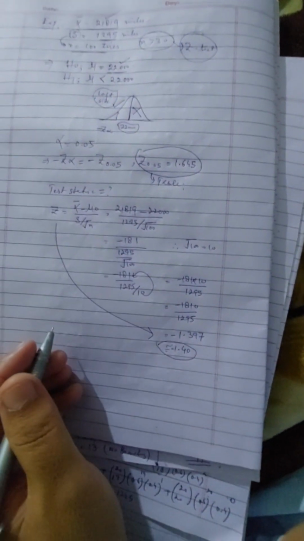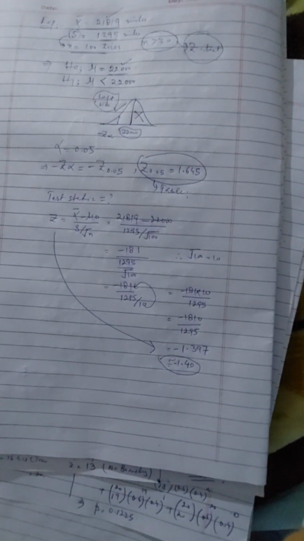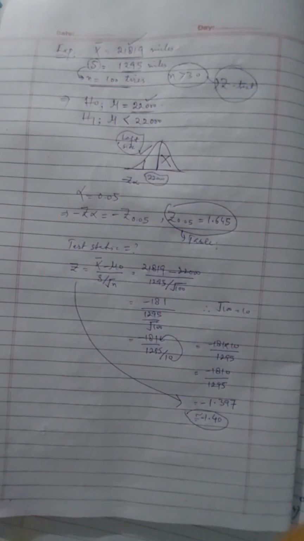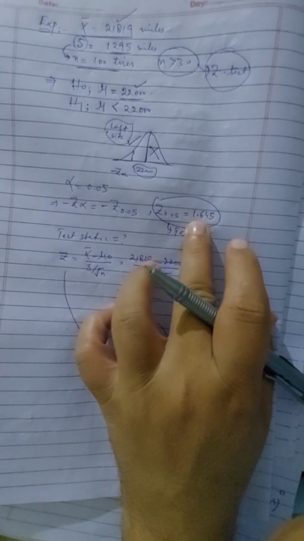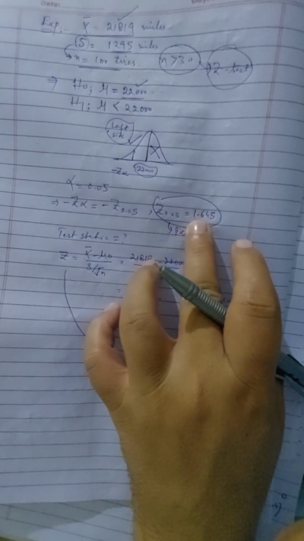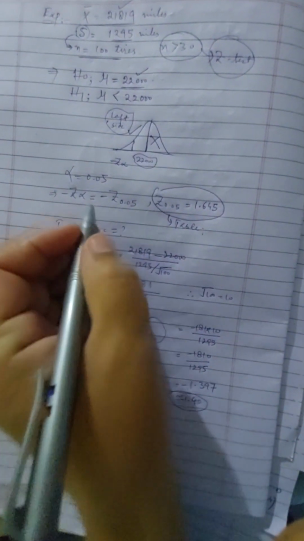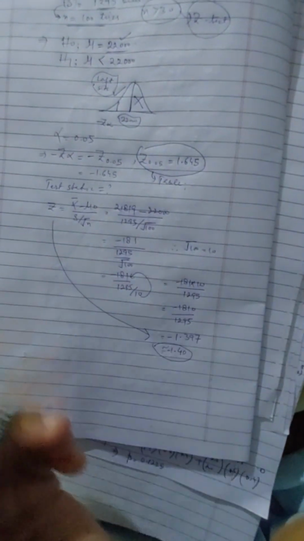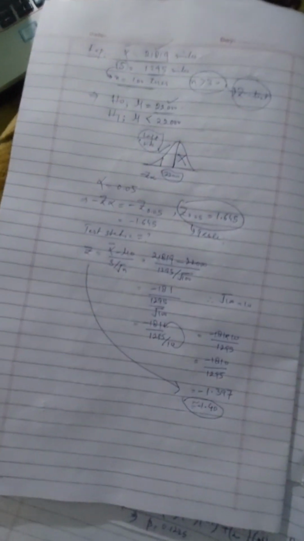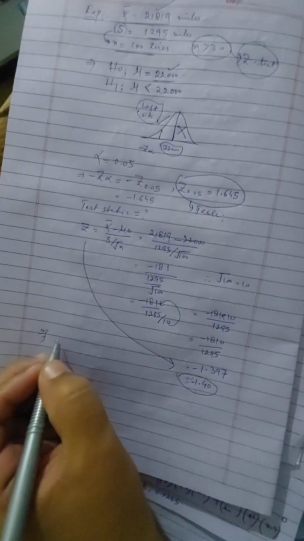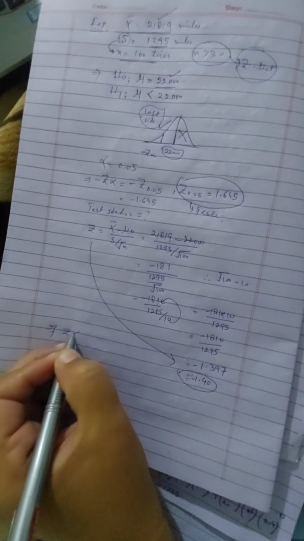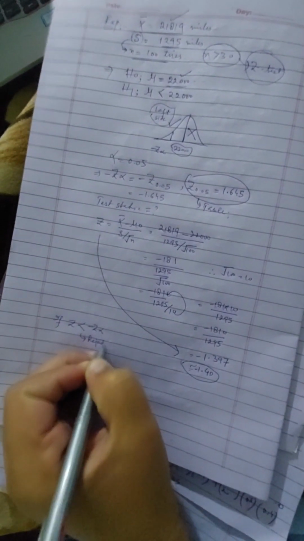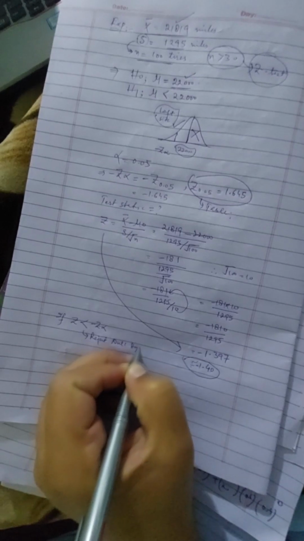We reject the null hypothesis if this value is less than minus z alpha, which is minus 1.645. So if z is less than minus z alpha, we reject the null hypothesis.